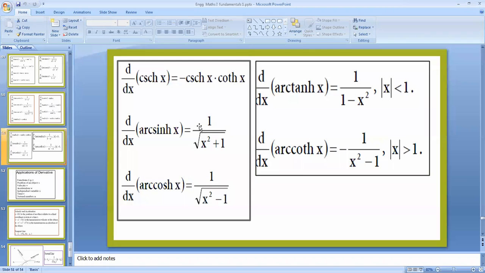So it is e raised to theta minus e raised to minus theta upon 2. And when you substitute e raised to theta as t or z, it will convert into a quadratic in z.